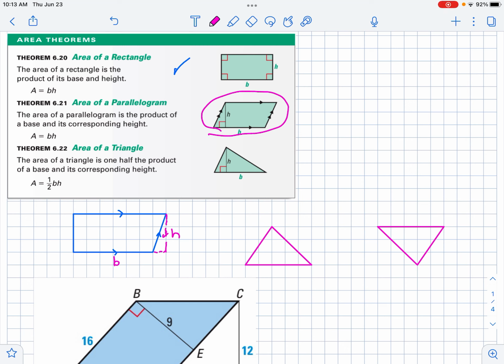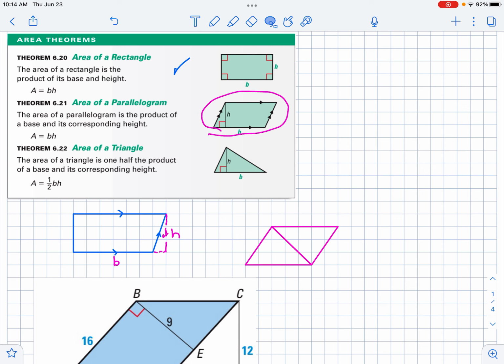Now, if we're talking about a triangle, we can see a triangle is half of a parallelogram. And you can see that with this little triangle I've drawn here. Now, I've copied it over here. So I've got these 2 triangles, and I want to calculate the area. Well, if I take this triangle and move it over here, I get a parallelogram. And we've already concluded that the area of the parallelogram is base times height.